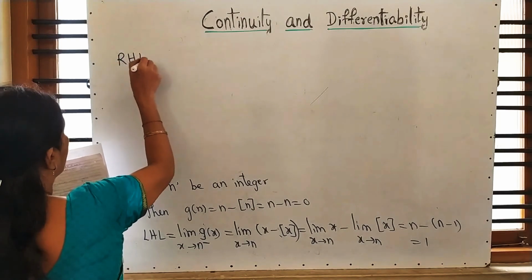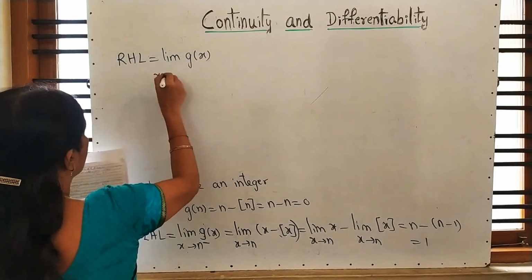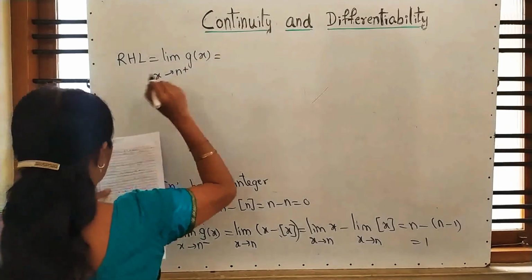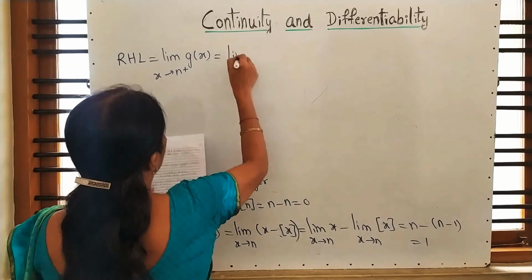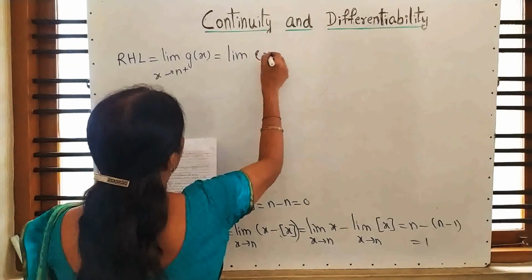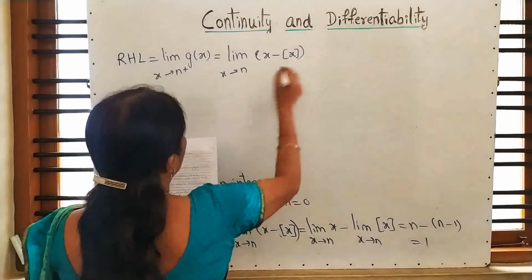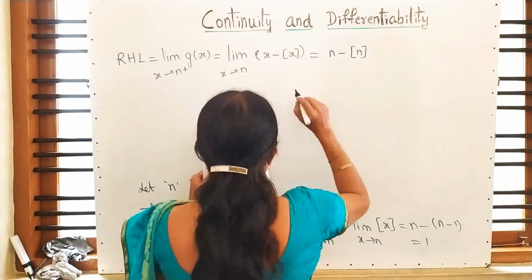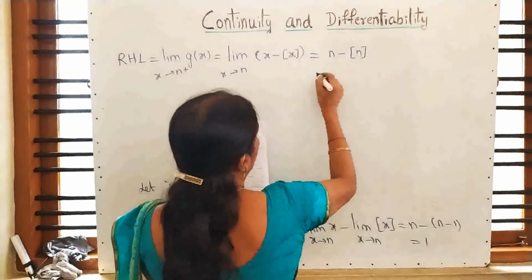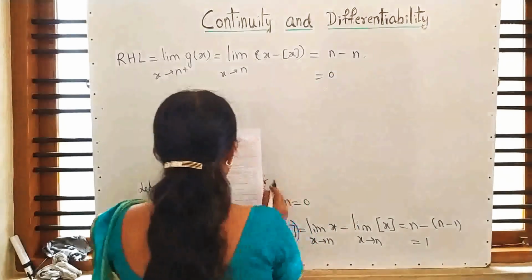Right hand limit of g of x as x tends to n plus. So which one are we selecting? We are selecting the same function. Limit of x minus the greatest integer function of x as x tends to n plus. So here it is n, and at that time the greatest integer function is simply n, so the answer is 0.